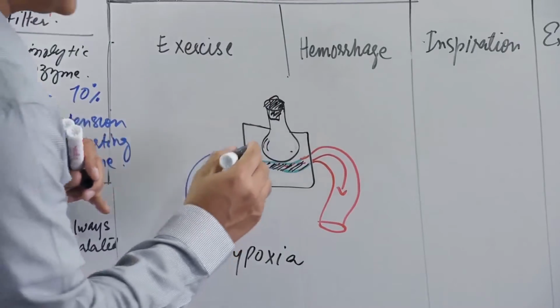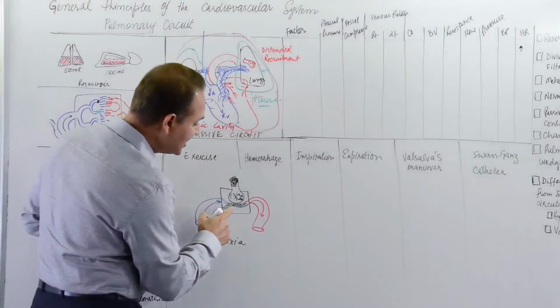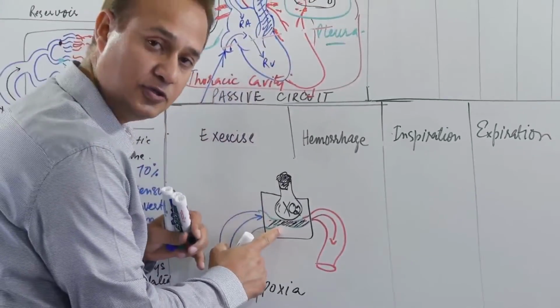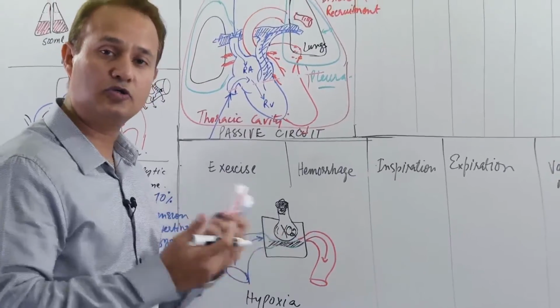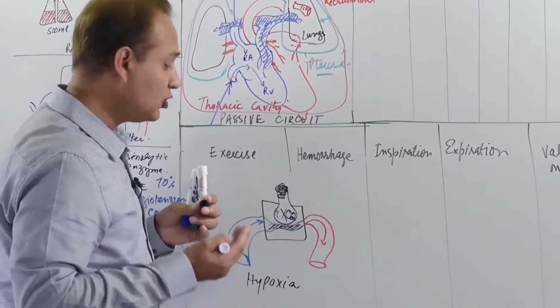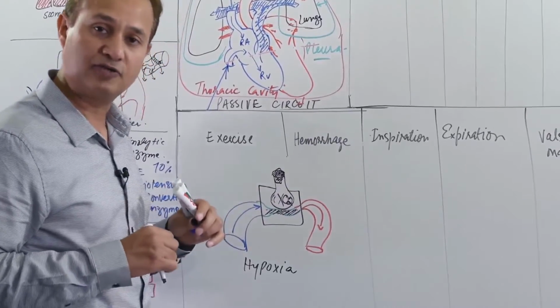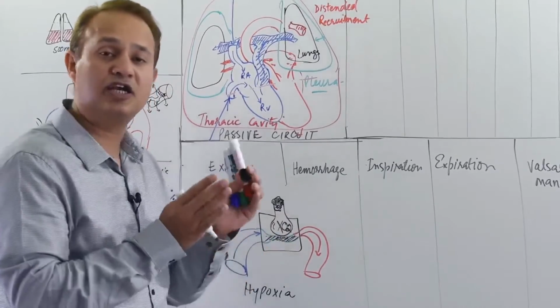If there is no oxygen, do you think that bringing blood to this alveolus is useful? No. This blood is going to do nothing. It's not going to do gaseous exchange. This door is closed. So it is smart of the pulmonary vasculature to say, all right, there is going to be no gaseous exchange here. I'm going to shut down this channel.